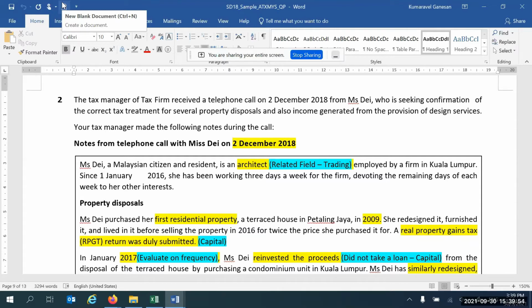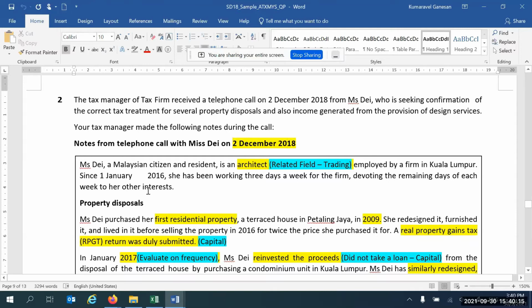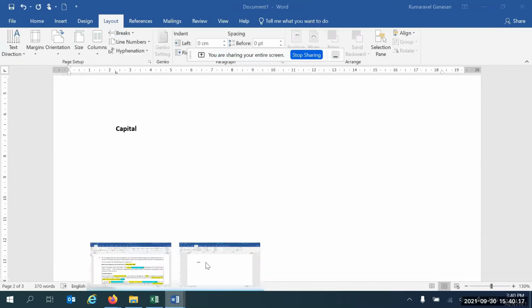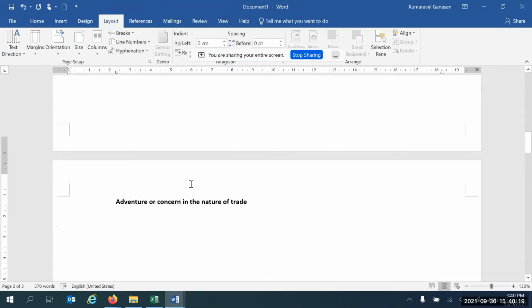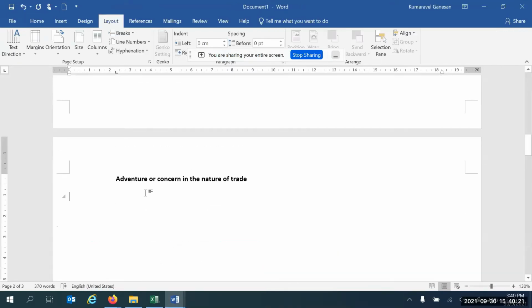Architect and property disposal, because an architect designs property, so there is a related field. Immediately, if you find it, you can straight away write here.